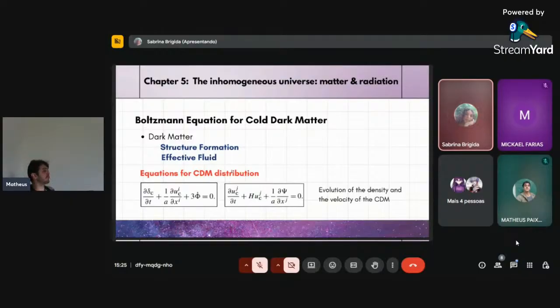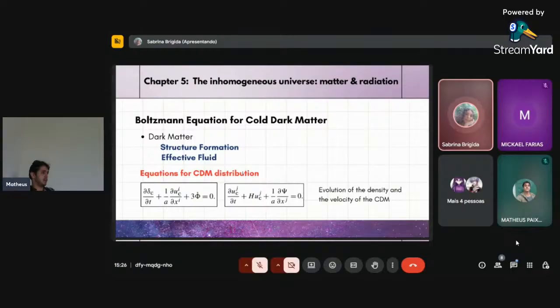So we necessarily need two variables to understand the evolution of the cold dark matter. That is the density perturbation, that is expressed by this delta here, and that is the velocity, this velocity here, of the fluid. This is not the velocity of the particles. It is the velocity of the fluid.